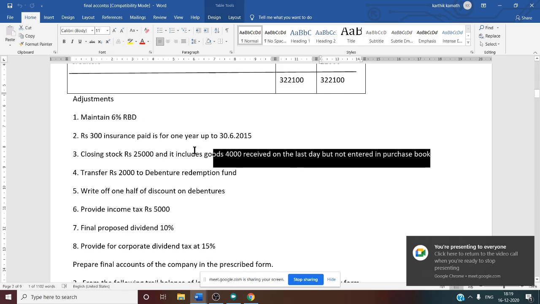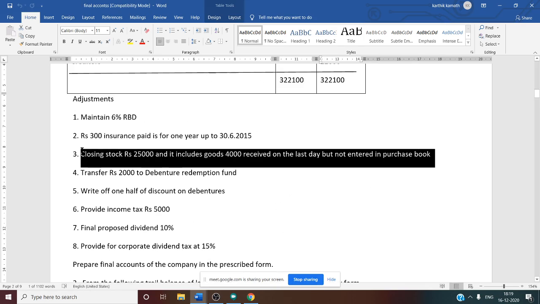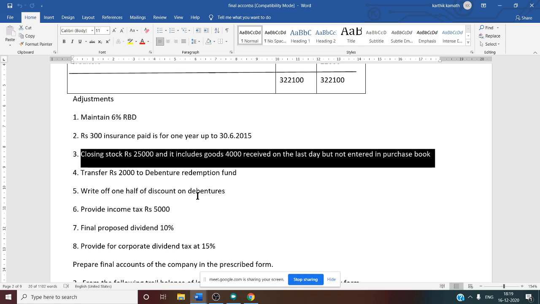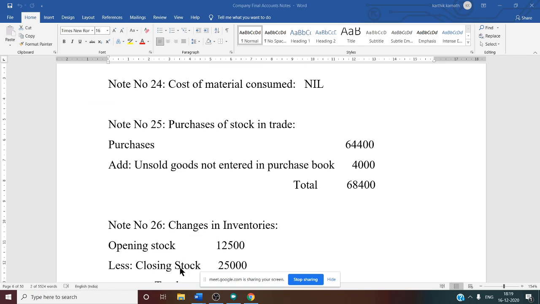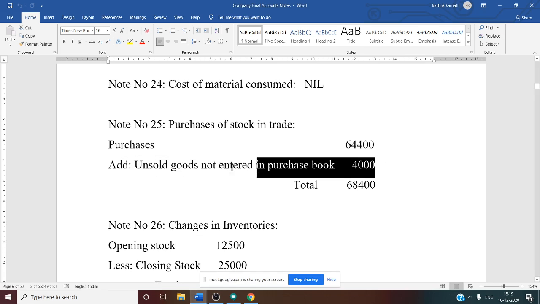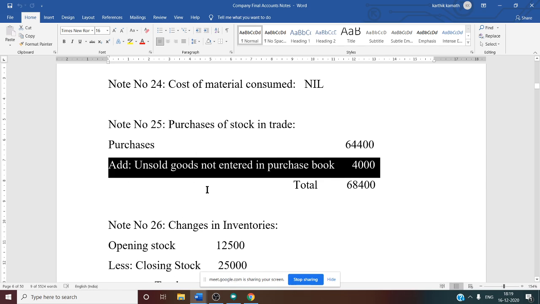Closing stock is rupees 25,000, and it includes 4,000 received on the last day but not entered in the purchase book. So that 4,000 received at the end of the financial year was not recorded in the purchase book. So we have to record that. So we have to add 4,000. Here you see we add unsold goods not entered in the purchase book, 4,000.